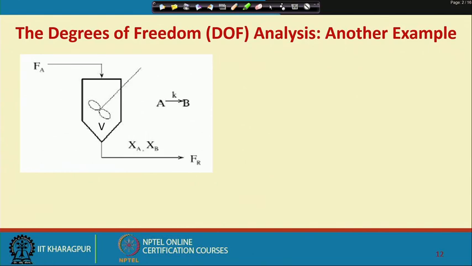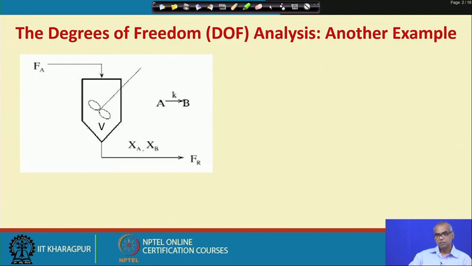Finally, let us take this example. Pure A enters this reactor with volume V. A reaction takes place, A to B, and the reaction rate constant is k.